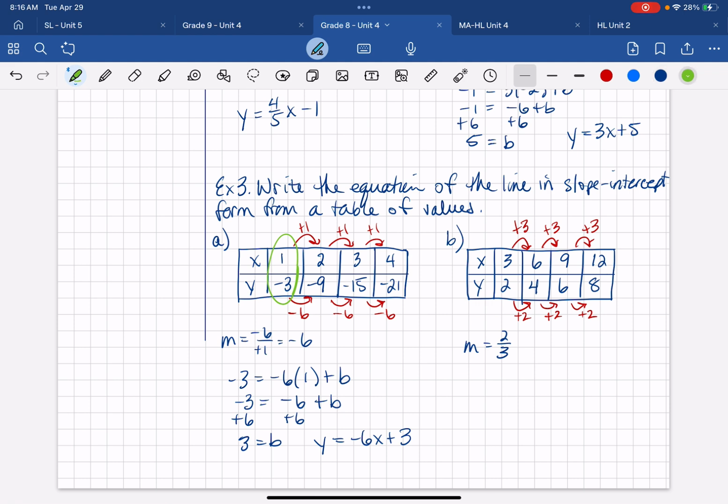And again, I don't have a y-intercept, so I'm going to use the smallest coordinates and say 2 is equal to 2/3 times 3 plus b. I get 2 is equal to 2 plus b. Subtract the 2. I get 0 equals b, which means my equation is y equals 2/3 x.